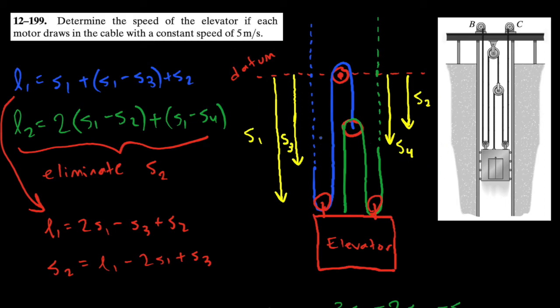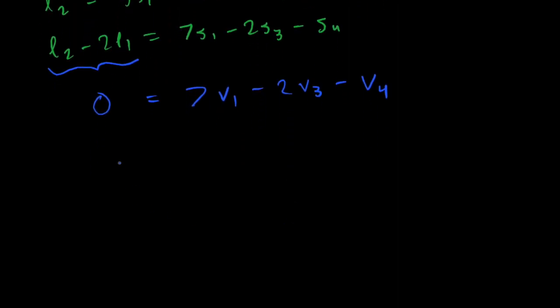The reason it's negative is because as the elevator is moving up, the value of S3 is decreasing, because it's going up, up, up, up, and the S3 is decreasing. So if we go down here, we would say 0 is equal to 7v1 minus 2 times -5 minus -5.